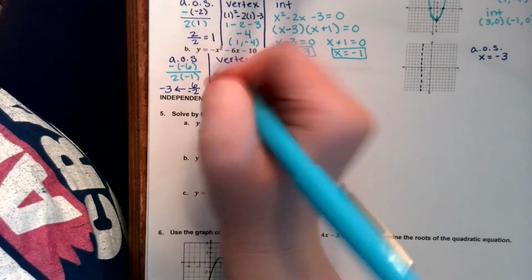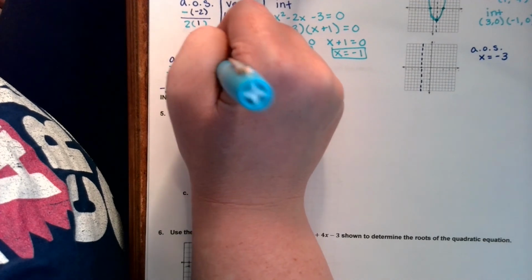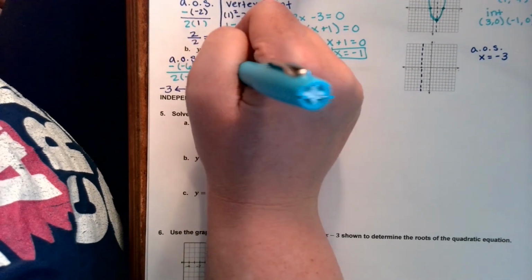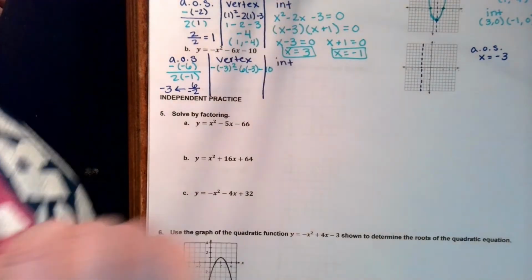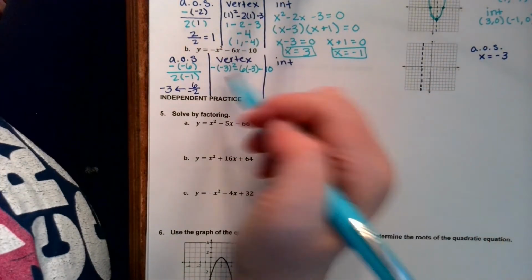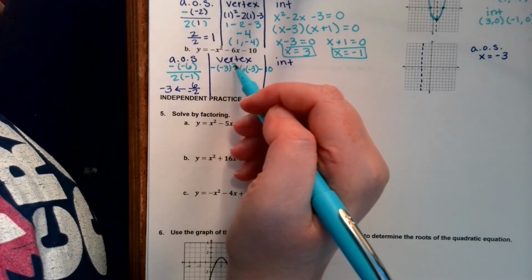All right, my vertex, I'm going to plug negative 3 in for x. So this is negative 3 squared minus 6 times negative 3 minus 10. Whew, that's a lot. Negative 3 squared is positive 9. Negative 3 times negative 3 is positive 9.